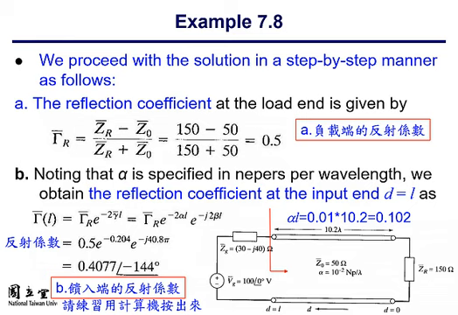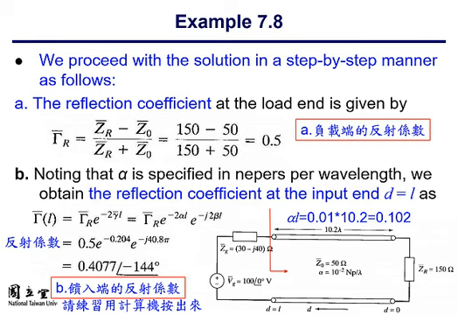So we need to calculate the reflection coefficient at the left end. That is gamma R times exponential minus 2 gamma L, for the round trip. And 2 gamma L can be separated as exponential minus 2 alpha L and exponential minus J 2 beta L.